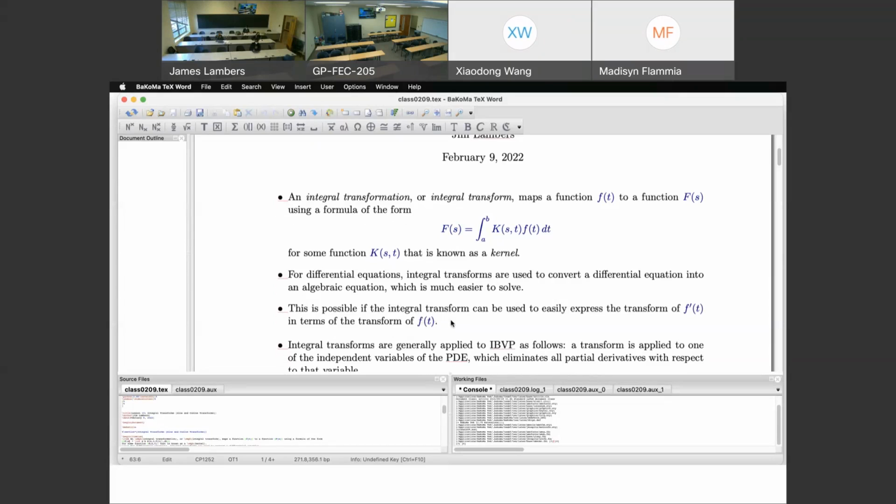Same is true, as we'll see with Fourier transforms, that it's fairly easy to express a transform of a derivative, particularly a second derivative, in terms of a transform of the original function. That's what makes these integral transforms useful for differential equations, that it's easy to work with derivatives.